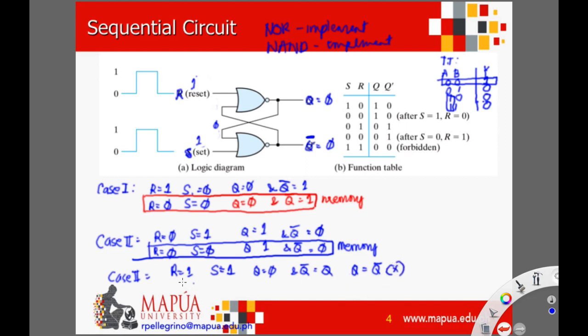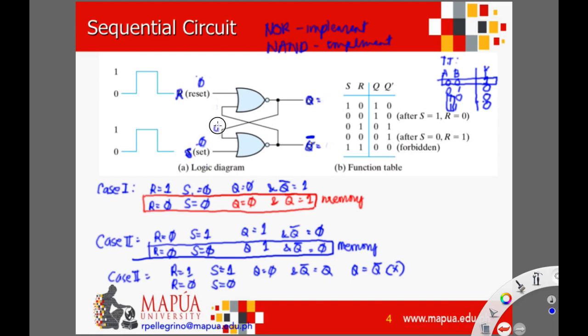So what if we reset that? R is 0, S is equal to 0, we remove the input. If R is equal to 0 and S is equal to 0, what is the previous value? That is 0.